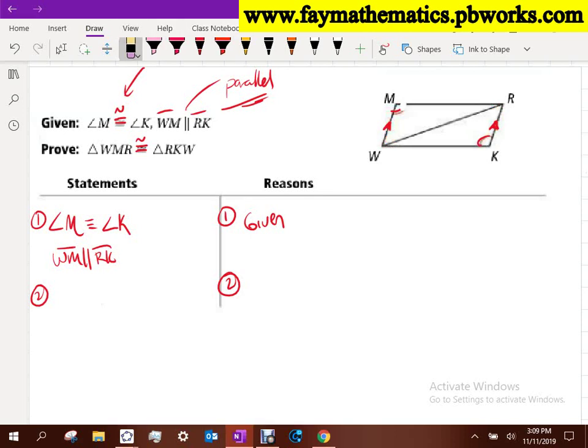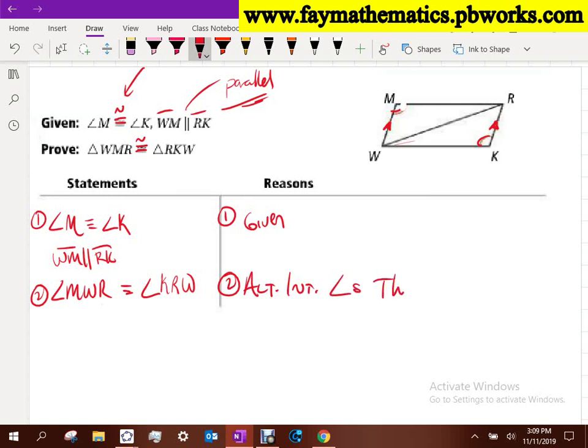Now, I can't just say angle W and angle R, because there's three angles at W here. So I'm going to say angle MWR is congruent to angle KRW, or WRK, however you want to say it.